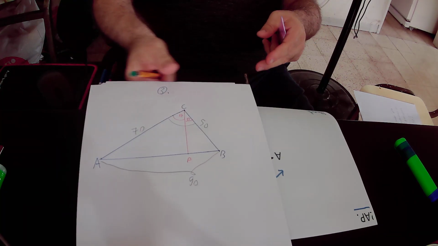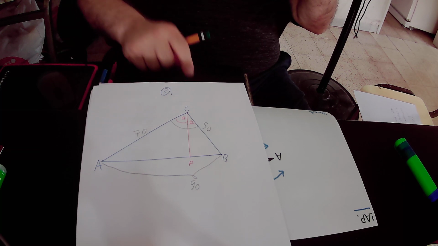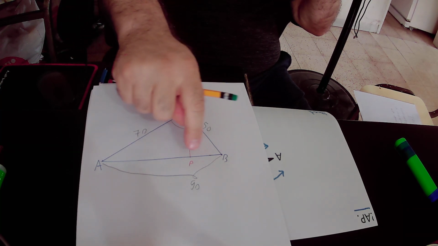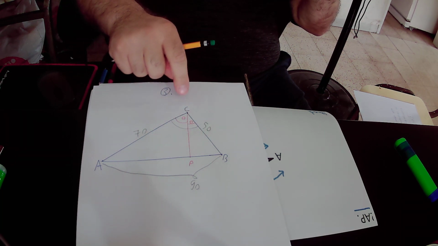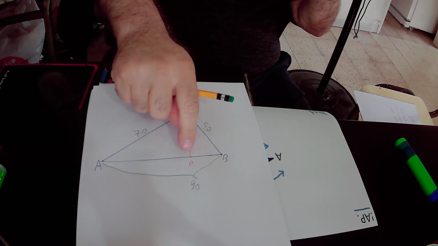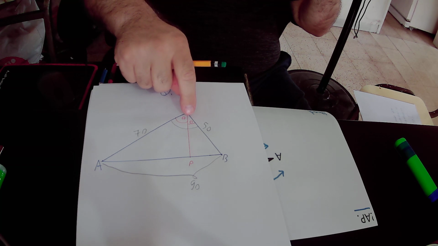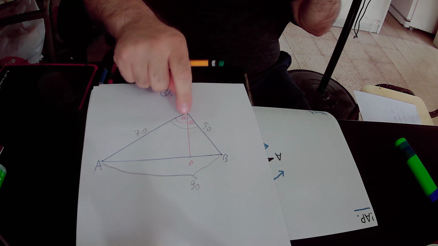So this is triangle ABC. We have the size of each side of the triangle, and P is the center of the circle, and actually we have two angles that equal each other.